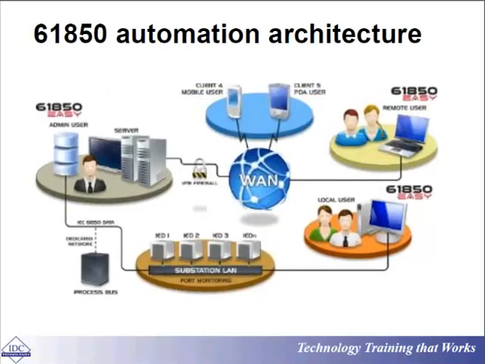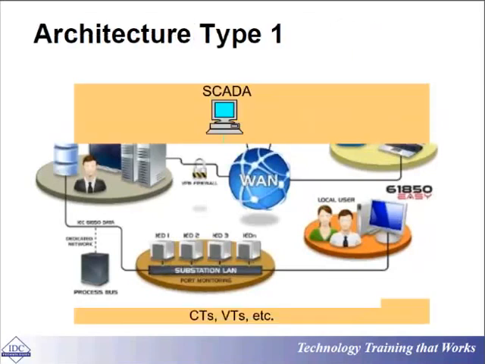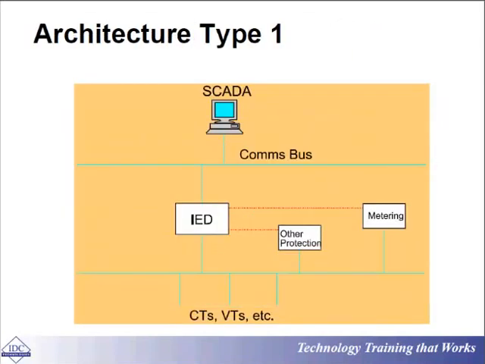You can see that you have got, for example, old substations, you have got new substations, you have got local users, you have got remote users. So you have got, for example, process buses, you have got servers, you have got admin users, you have got a number of different things, right? So they should be compatible, they should be able to work together. So from this end, I can nominate a number of architecture types.